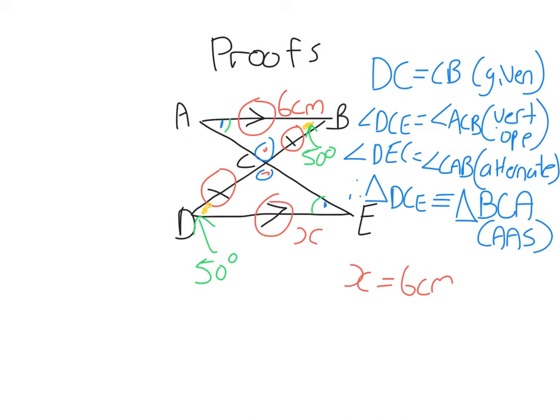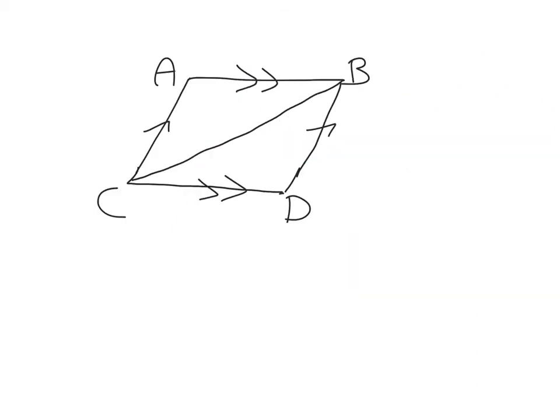All right, we're now going to look at a proof involving a quadrilateral. So now we're going to look at using congruent triangles to establish properties of a quadrilateral. So of course, ACDB is a quadrilateral because it has 4 sides. You probably know that it's a parallelogram, and that's because we have 2 pairs of parallel lines, okay?